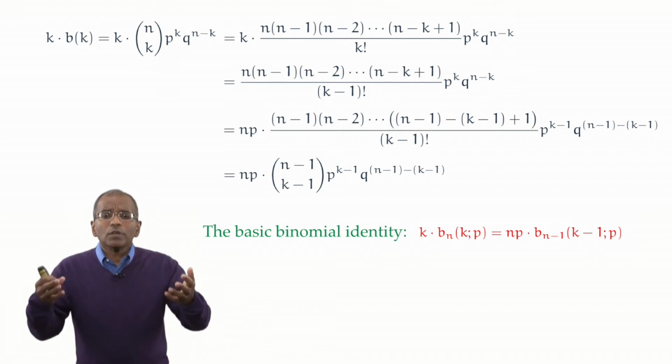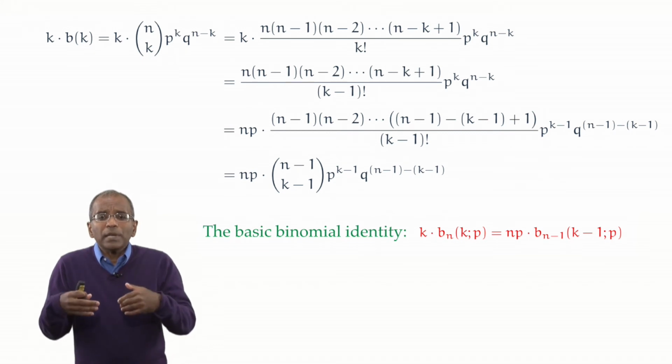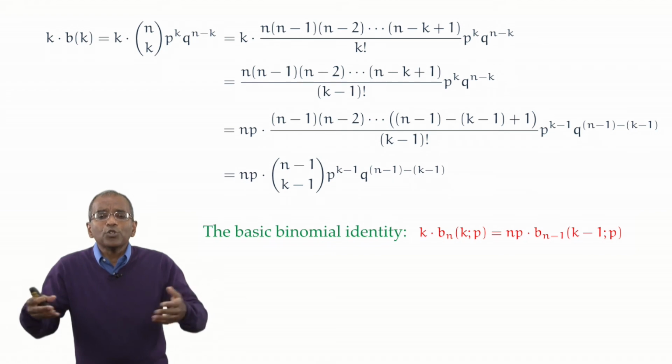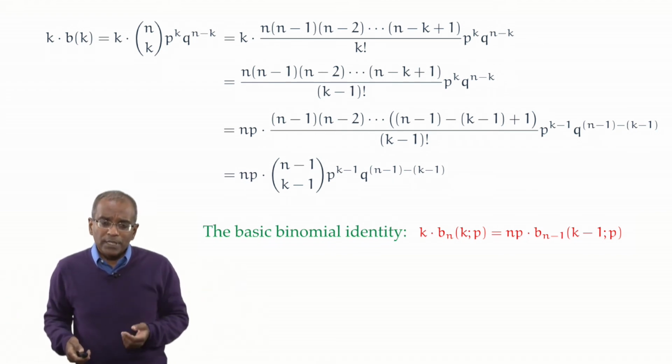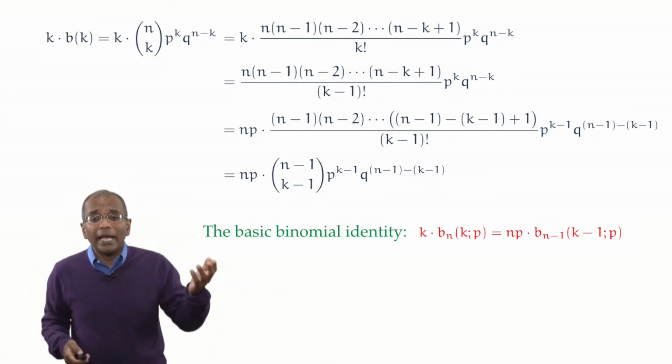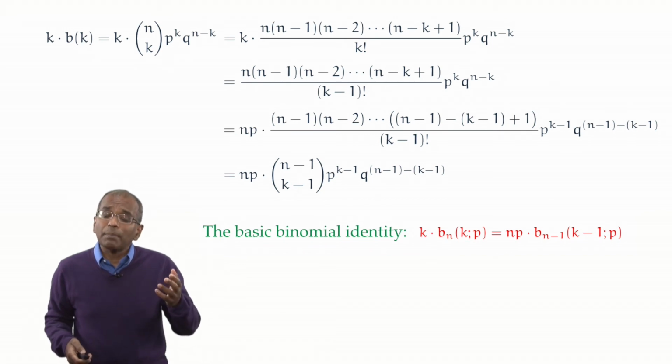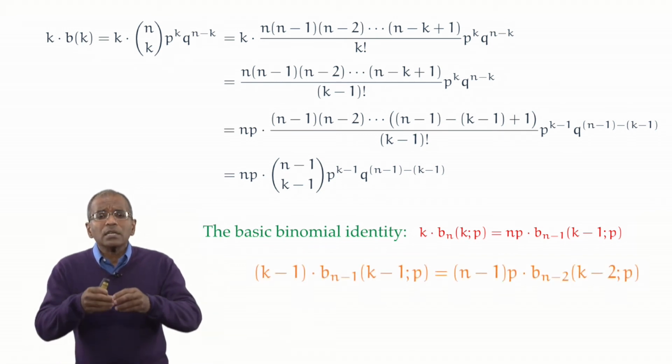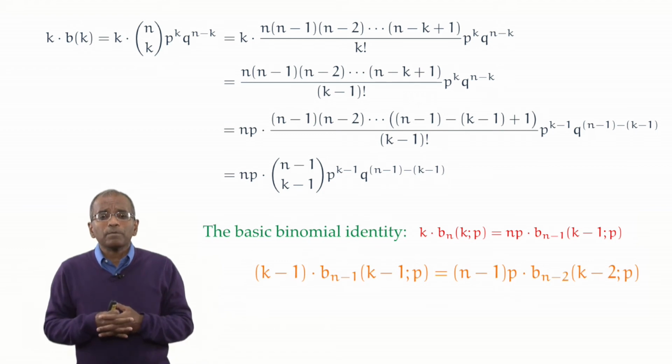We can get a whole host of other formulae simply by replacing k and n by different values on both sides of the equation. So, for instance, if I replace n by n minus 1 and k by k minus 1, I get an equivalent formula.